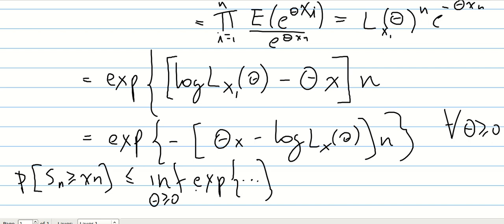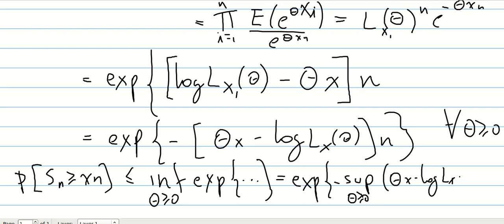And the exponential function is an increasing function, so we can take the infimum inside, and since there's a minus sign here, it becomes a supremum. So now it's the exponential of minus the supremum over theta larger or equal to 0 of theta x minus log Lx of theta n.